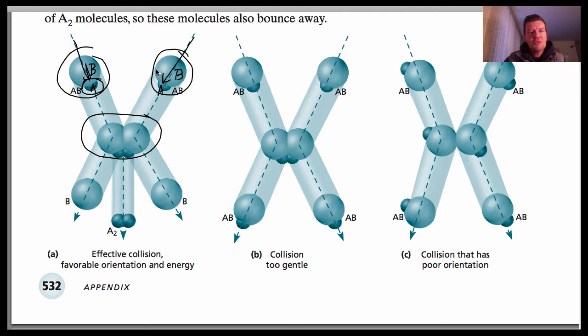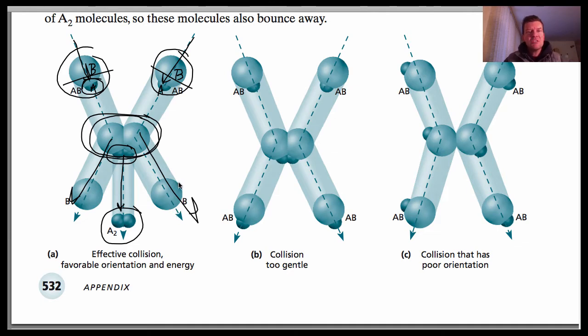Bonds are broken between the A and the B for both of these molecules, and the two A atoms are going to be bonded together to make an A2 molecule. And the two B atoms are going to break from their respective A atoms, and you're going to have two separate B atoms.